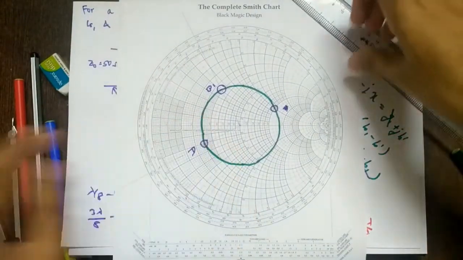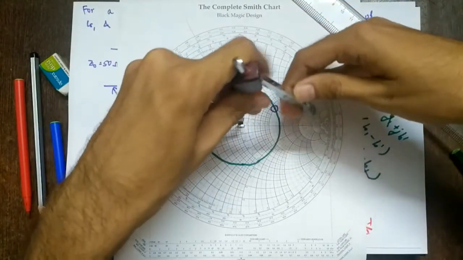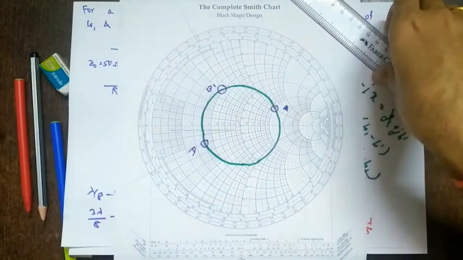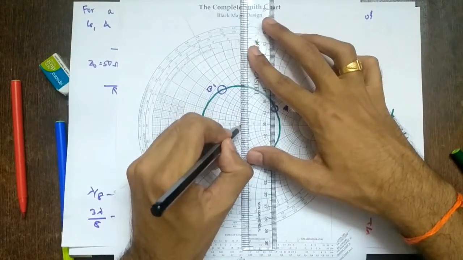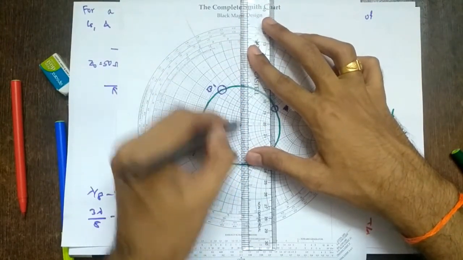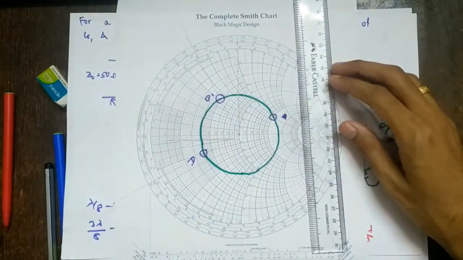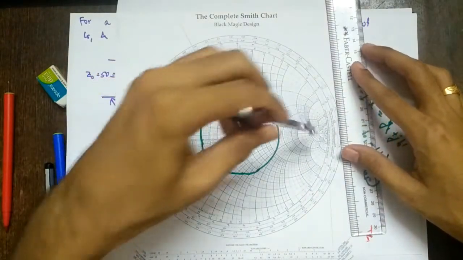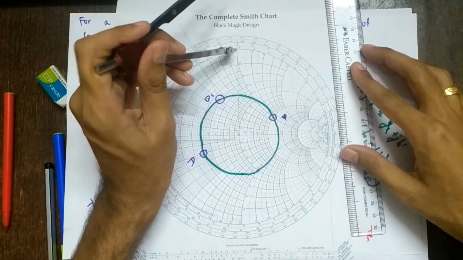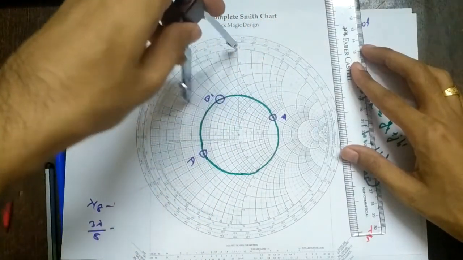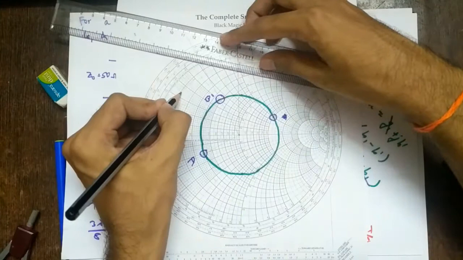So let's draw that. Actually, first you should draw this circle. I again forgot. Take a distance more than half. First you can draw a vertical line which is exactly perpendicular. Take more than half the distance of the G equal to 1 circle and plot on both sides, and then draw a line through the 2 points which you get.